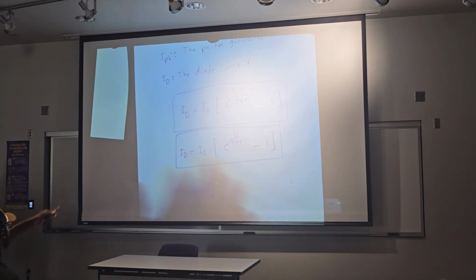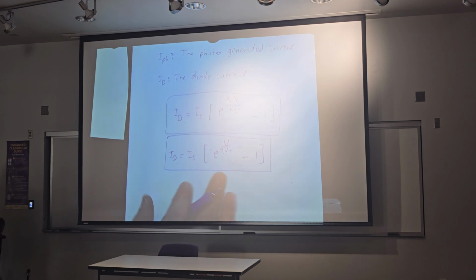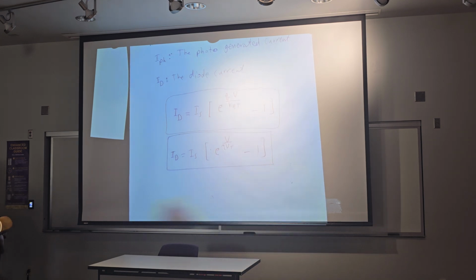Those subscripts are K, right? KB, K sub B times T. Okay, so it's Q, yes. Just like a regular P in this case.